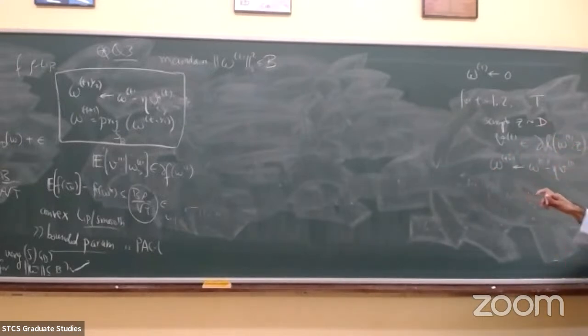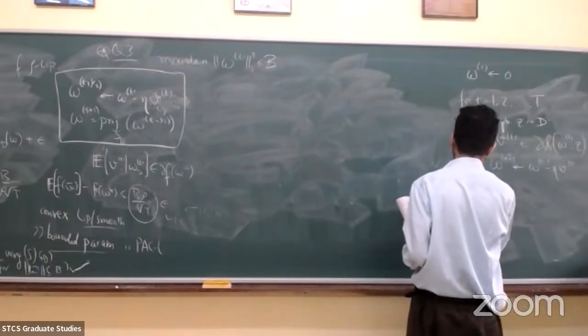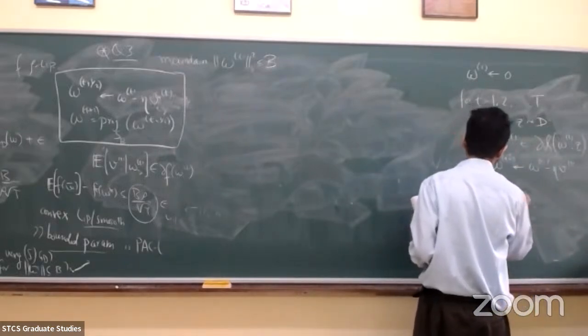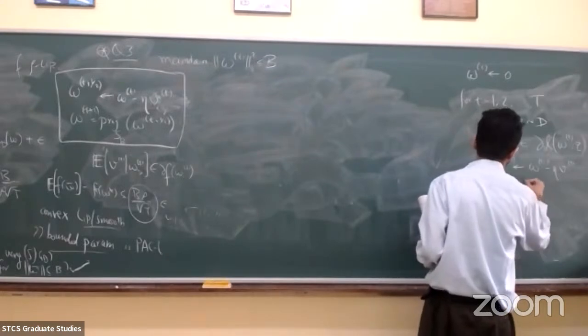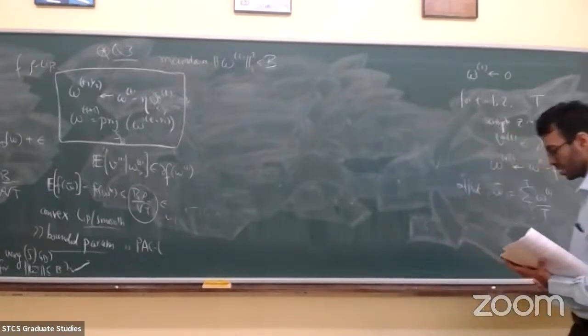Instead of first writing a loss function which is a sum and then sampling one term from that, let me just sample one instance directly from the distribution and look at the loss function there. This is the same thing, just written in a clearer and simpler way. And then we just output the average W bar. So that is the algorithm.